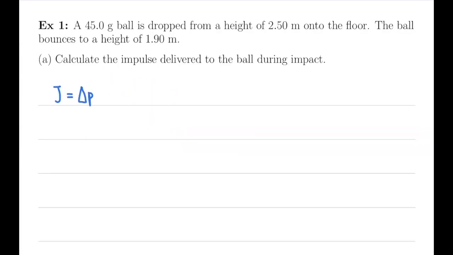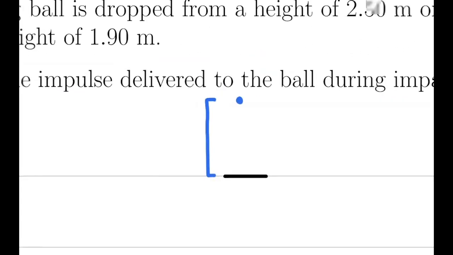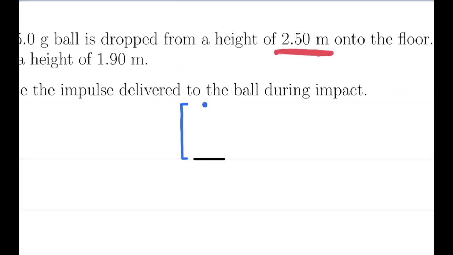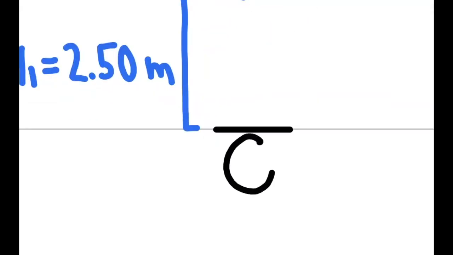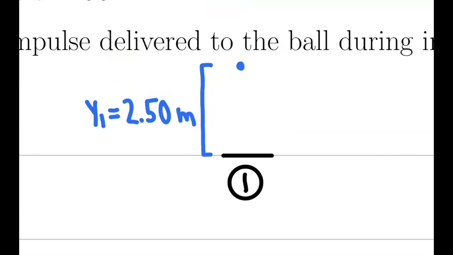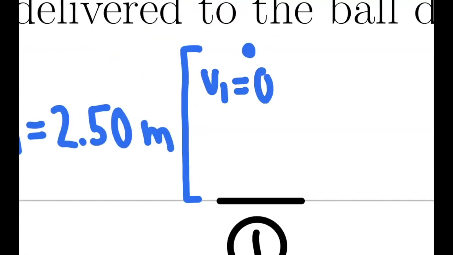We have a ball being dropped, so let me break this up into different times. Initially, the ball is at rest at a height of 2.5 meters. I'm going to call that y1 equals 2.5 meters. So this is 1, and v1 equals 0 meters per second.